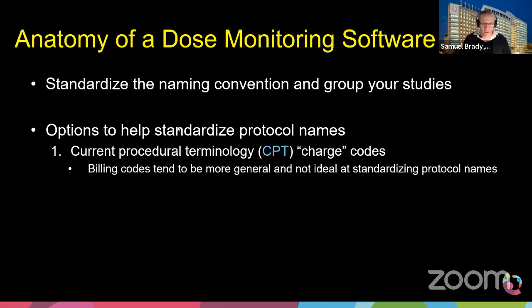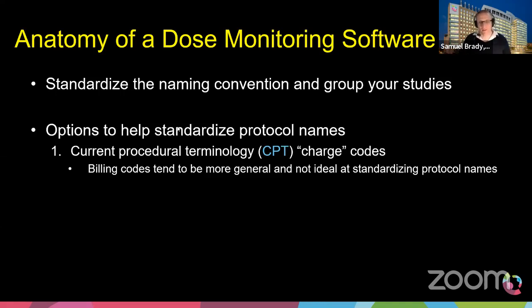One example, we have in the US, we have something called the Current Procedural Terminology, or the CPT. It's a coding method that was established so that the hospitals could bill or charge for their service. And so if I were to go into my local hospital and get a head CT, however it's named on the CT scanner, the hospital will then bill under the CPT code for a head, usually without contrast.